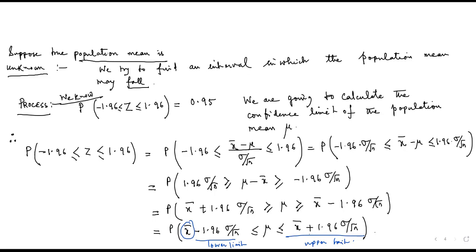So please take the pain to calculate the lower limit and the upper limit in this case and write in the chat box what comes out with respect to our given problem. Here you have your x bar as 3.4, your sigma as 2.61, your n as 900.